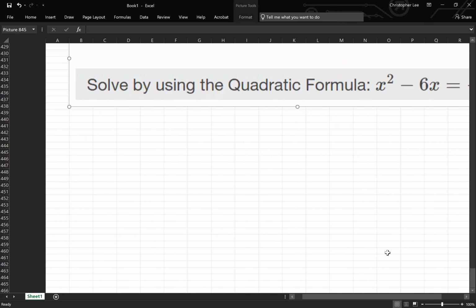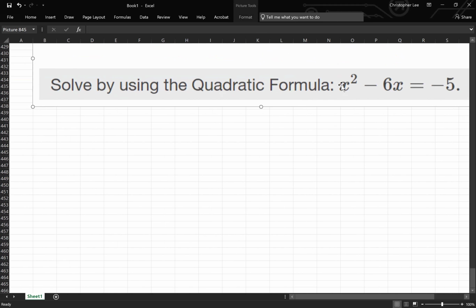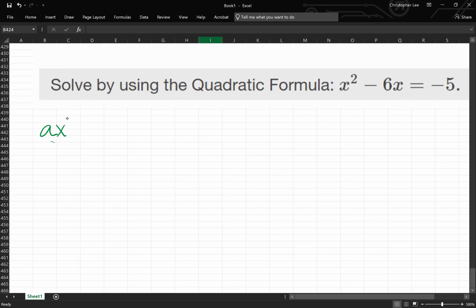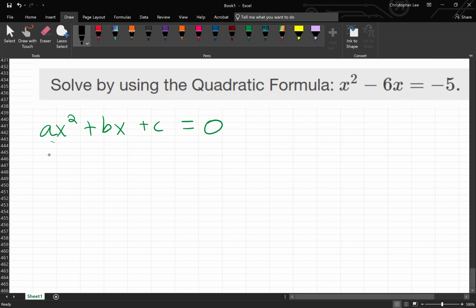Now, this one's a little bit different. The problem with this question is that it's not in standard form. So what is our standard form again? Standard form is ax squared plus bx plus c is equal to 0. Now what do we have?